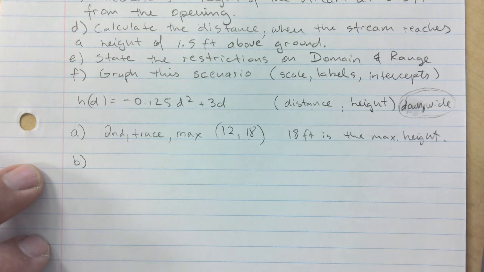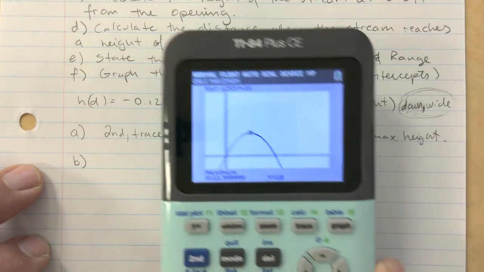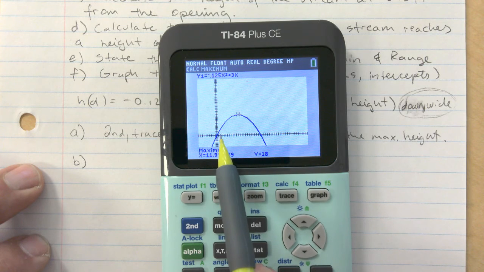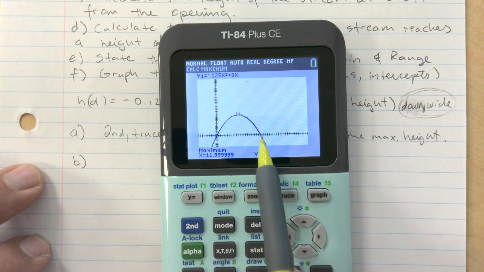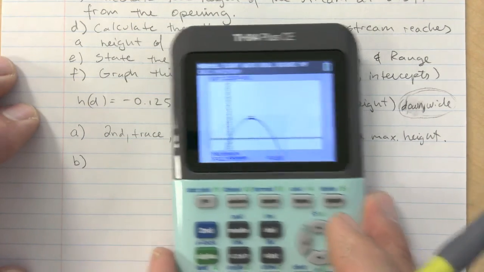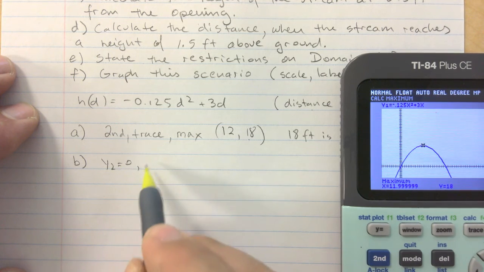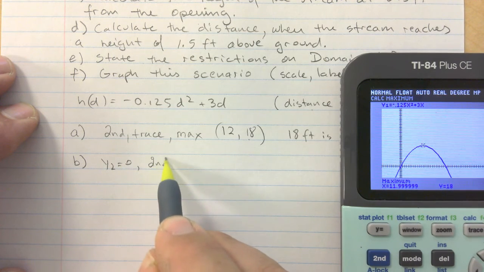So what are we talking about here? The maximum horizontal, like this is a horizontal distance, right? So we're looking for what we used to call the x-intercept. So this is the x-intercept that we're after. So we're going to go y2 is equal to 0, and then we're going to find the intersection.